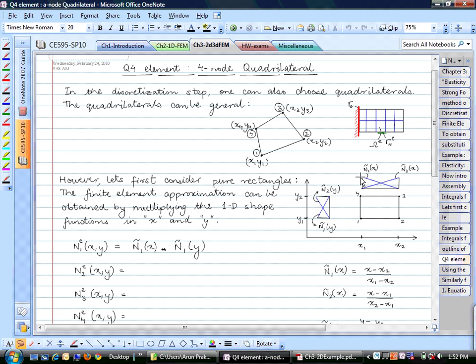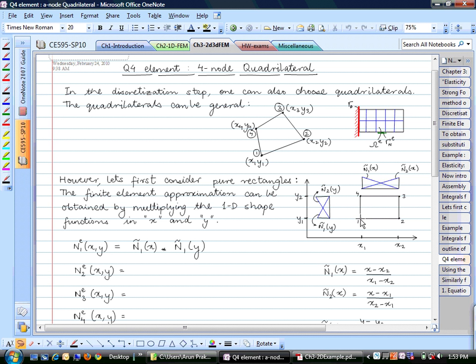And similarly, in the y direction, you have this one-dimensional shape function. This is n1, which is 1 at node 1, and this is n2, which is 1 at node 2. So if you multiply these shape functions together, you will be able to construct a set of shape functions for this rectangular element. Okay, so let's take a look at this node 1.